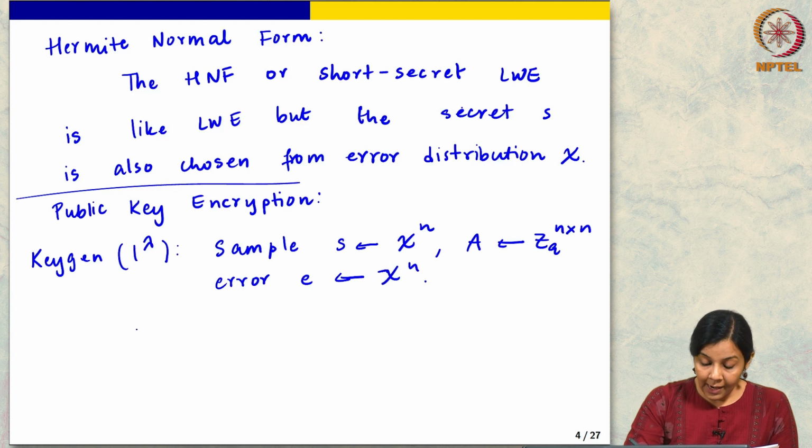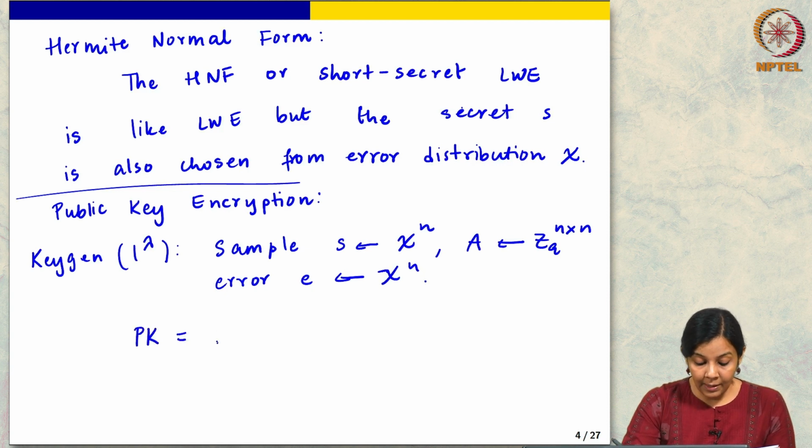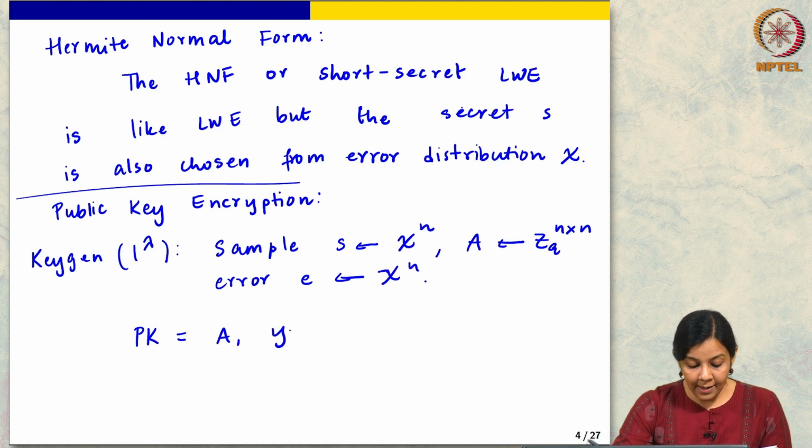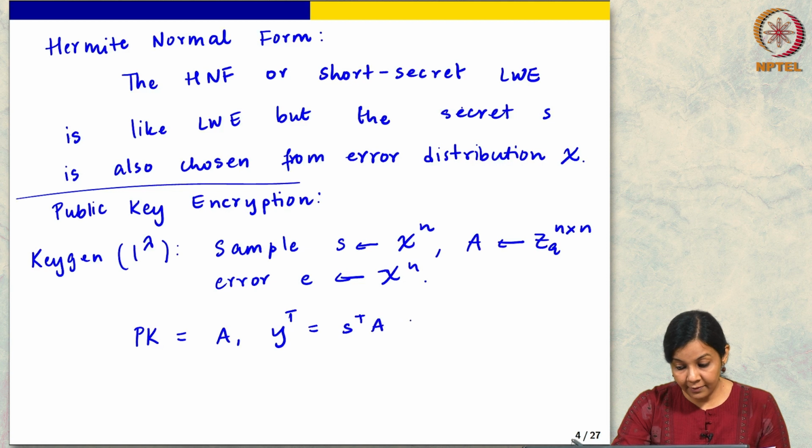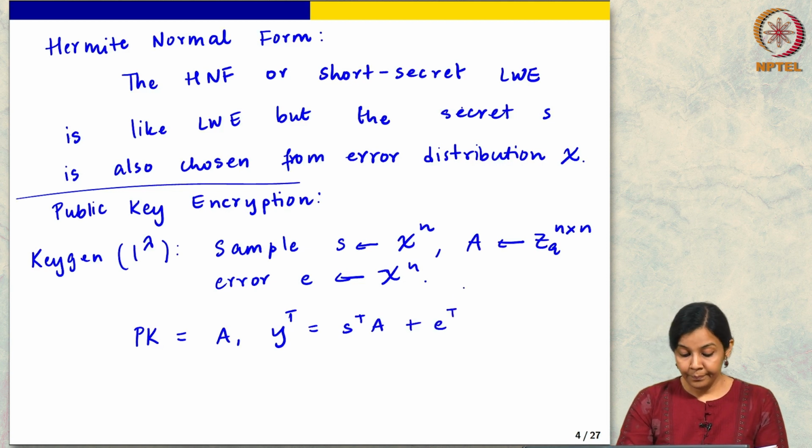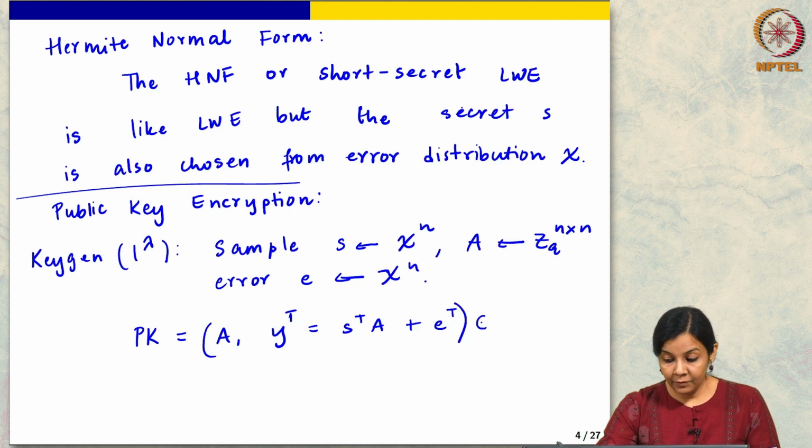Let the public key be A and y, which is S transpose A plus E transpose. So this is going to be in Z_Q n by n cross Z_Q^n.